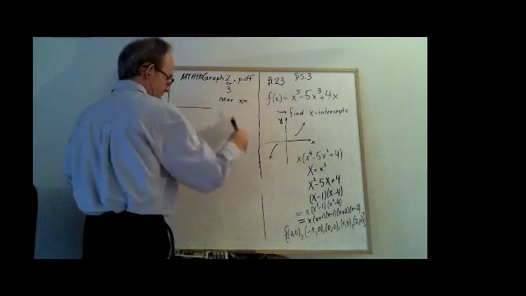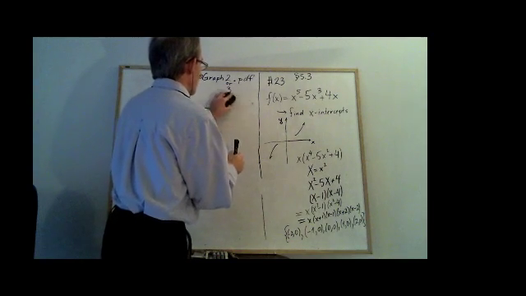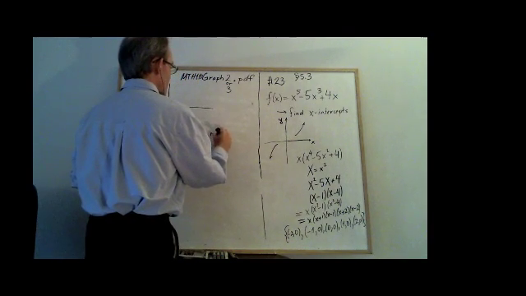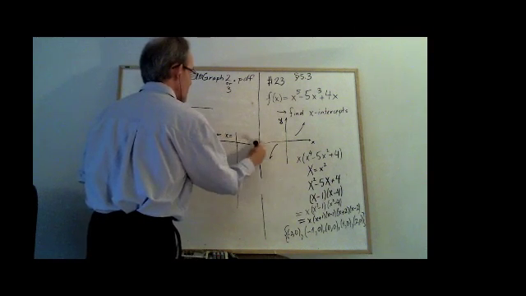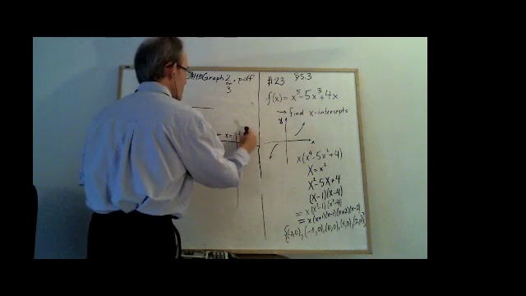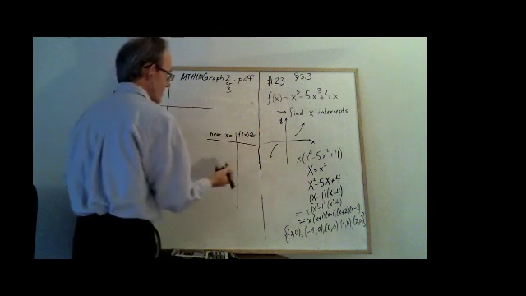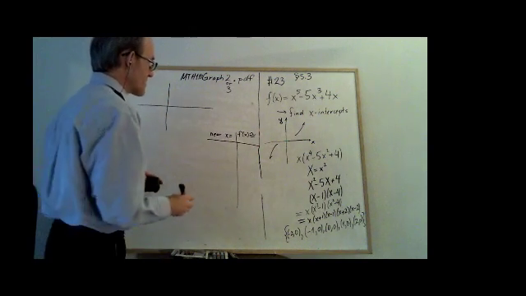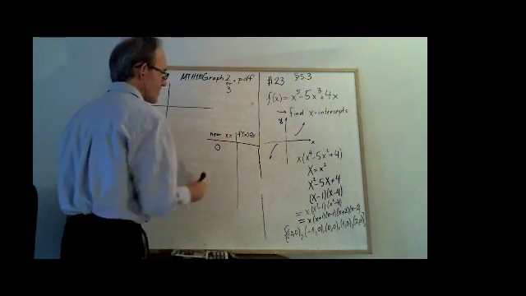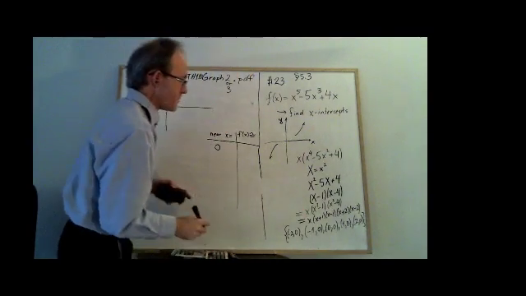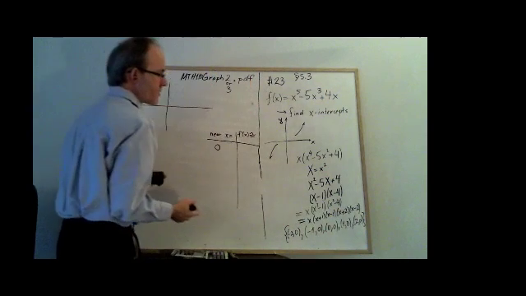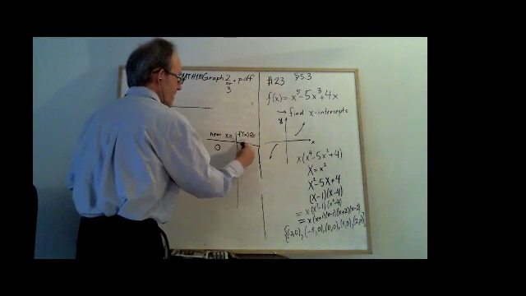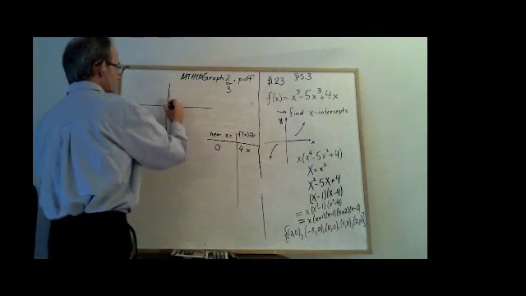Let's draw a table here. Near x equals 0, it looks like 1 times minus 1 is minus 1, and 2 times minus 2 is minus 4, so it's a total of 4 times x. So it looks like this with a slope of 4.